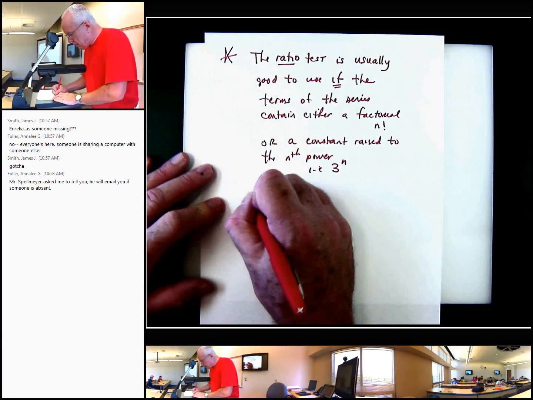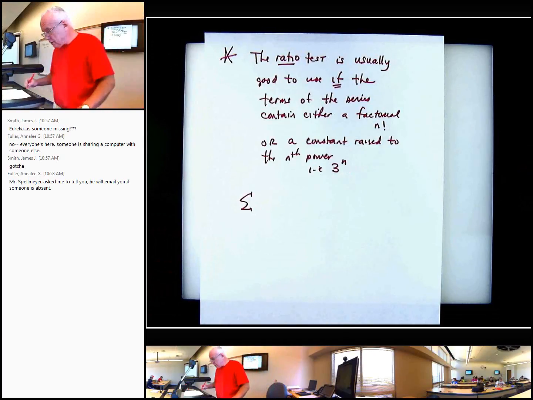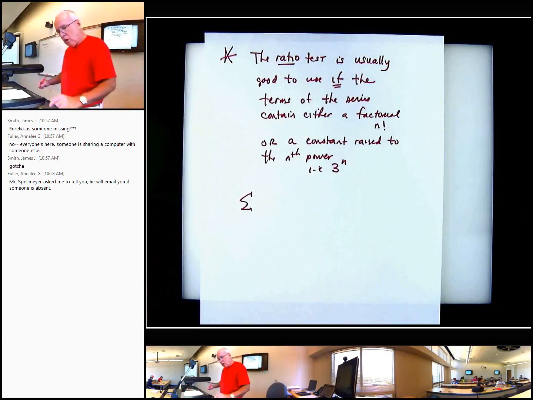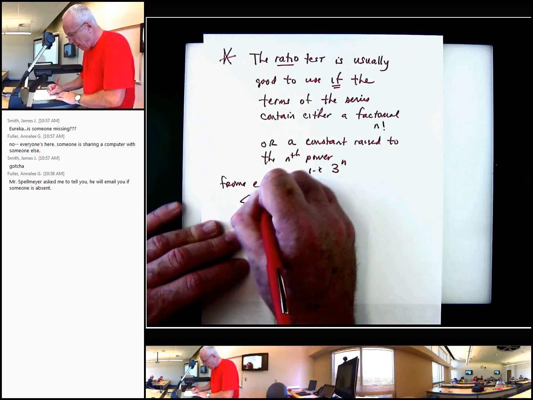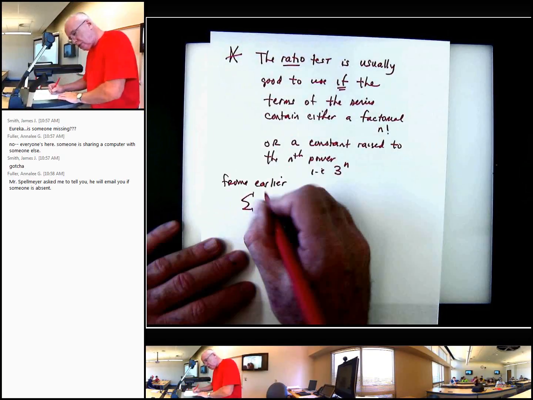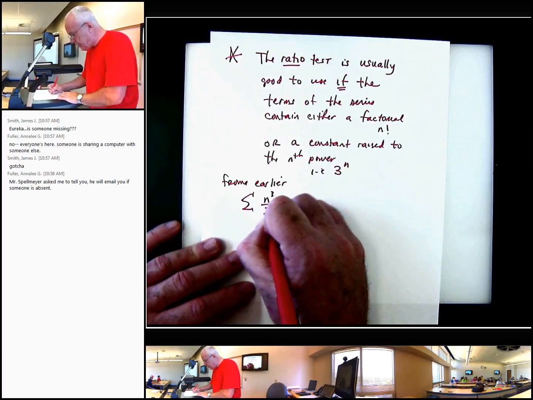So we're talking about, let's see, actually one of the ones that we had done earlier. Basically let's look at n to the third power over 2 to the n.